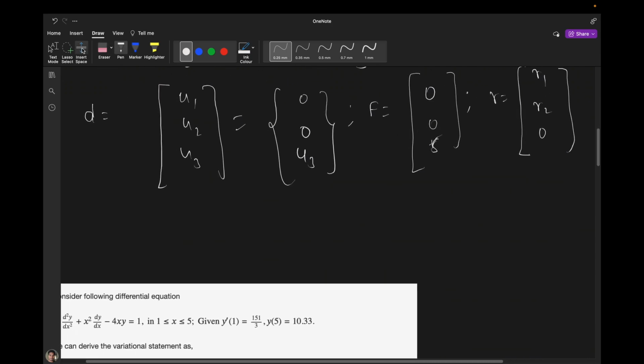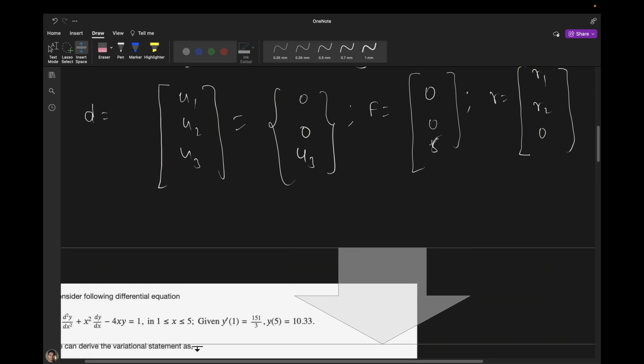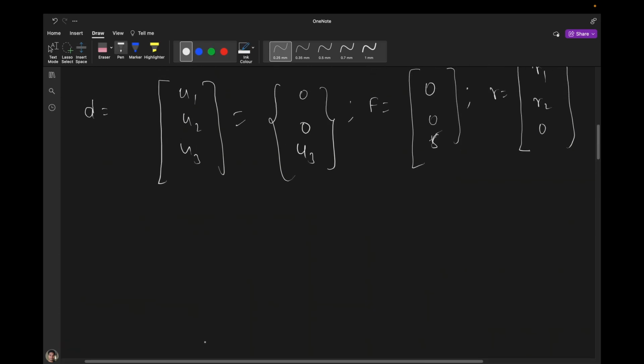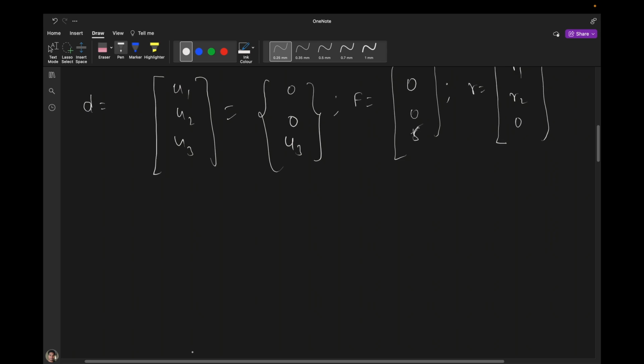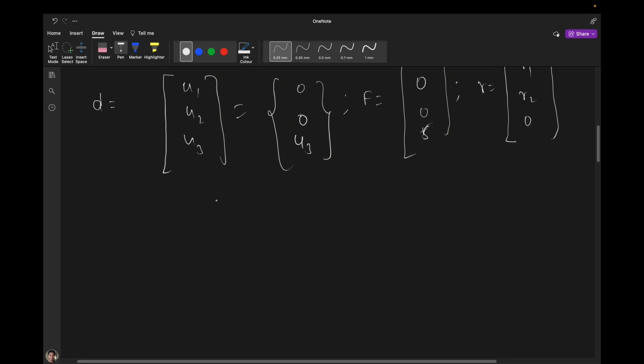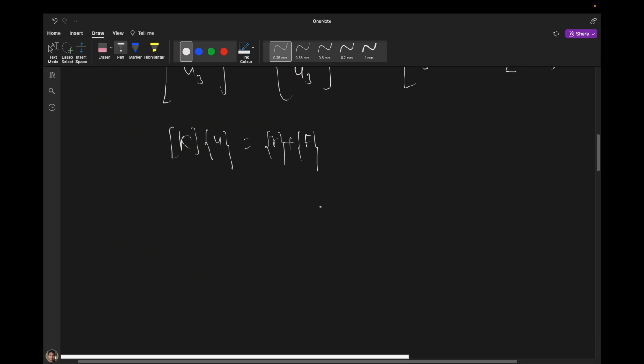Okay, so now I will try to extend here. What I will do is nothing but K matrix times U matrix equal to R plus F. Okay, so this is the problem.